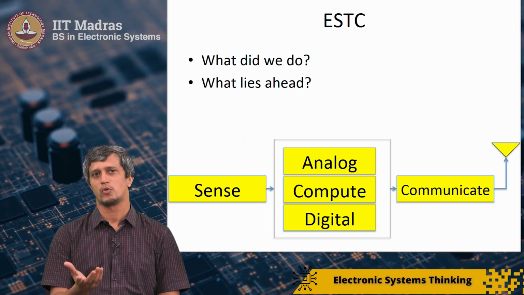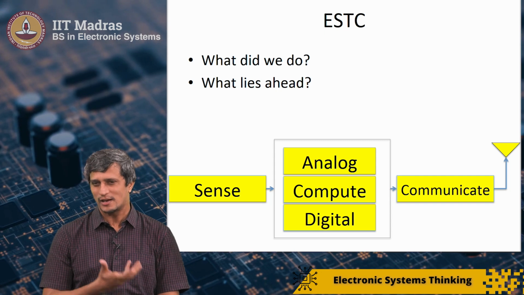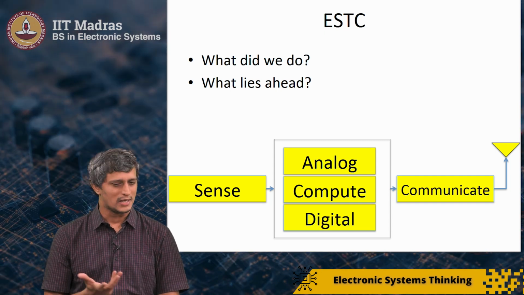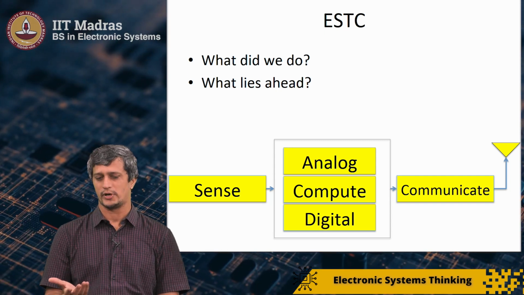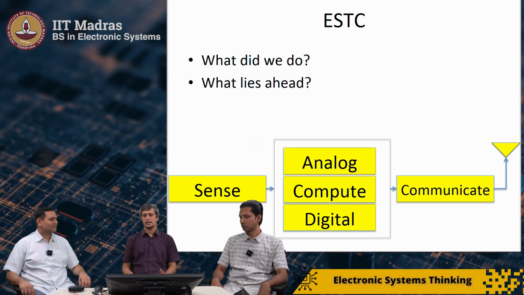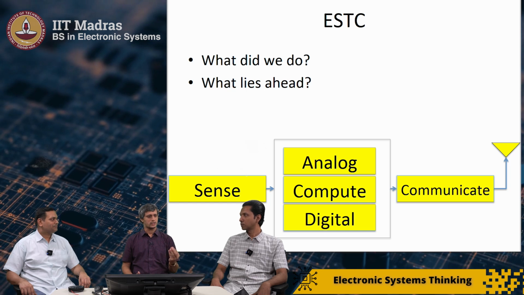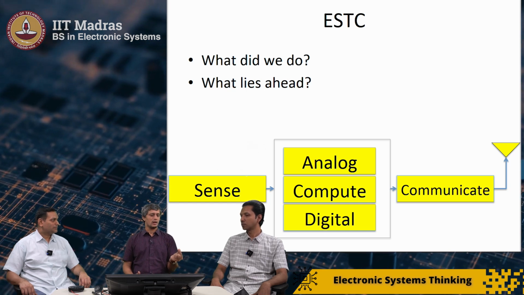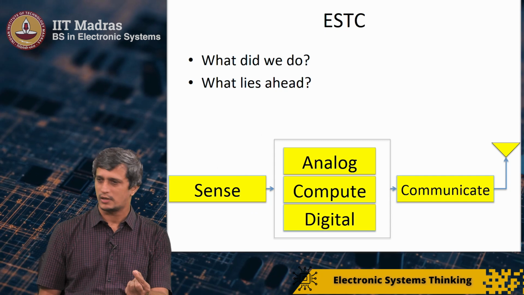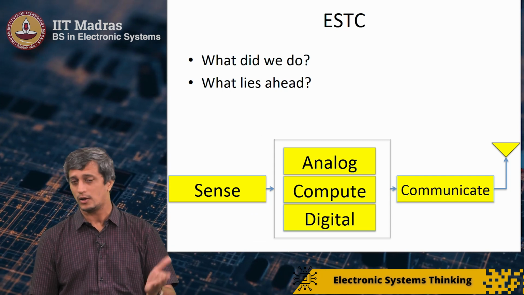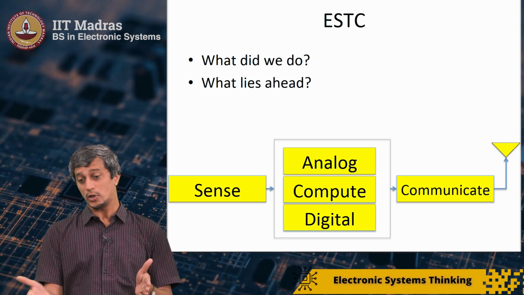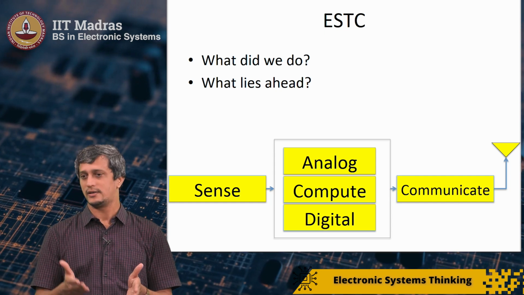By now students would have figured out that a general electronic system typically has three major components. One is to sense, like the microphone experiment that we did. You sense some data from the voice, it gets converted to an electrical signal. You then process it either as an analog signal or you can even take it into a digital computer and process that digitally.